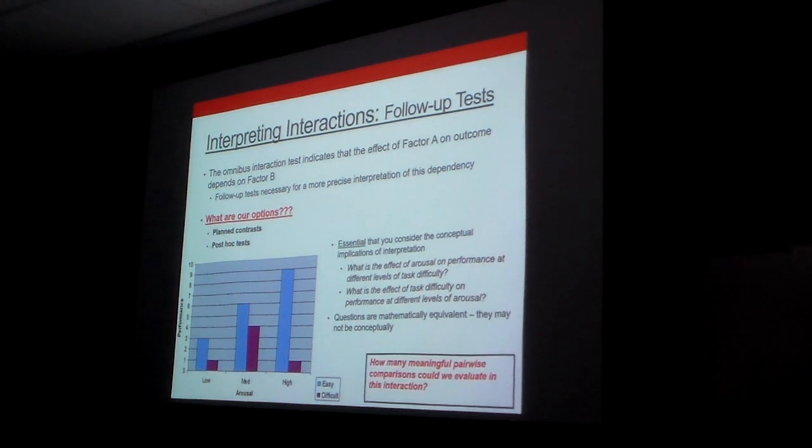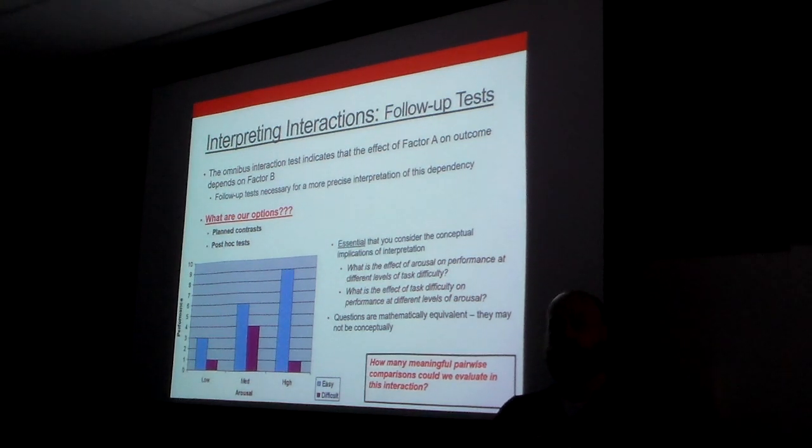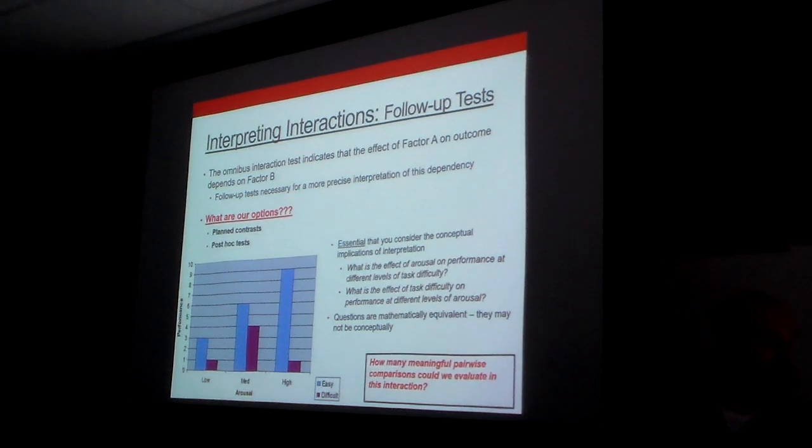This gives me my possible pairwise comparisons. So with 6 means, how many possible pairwise comparisons could I make? 15, right? There are 15 possible pairwise comparisons that I could make based on these data.